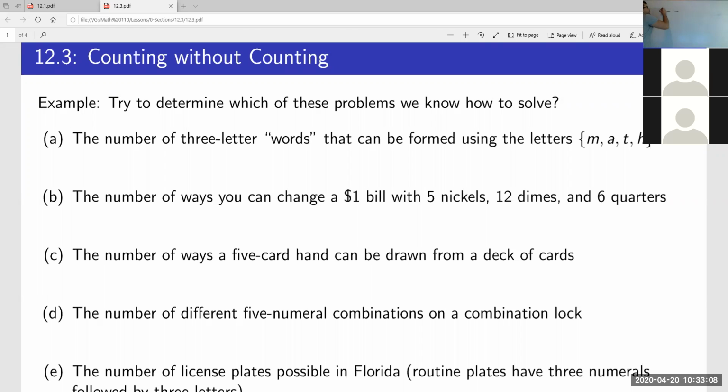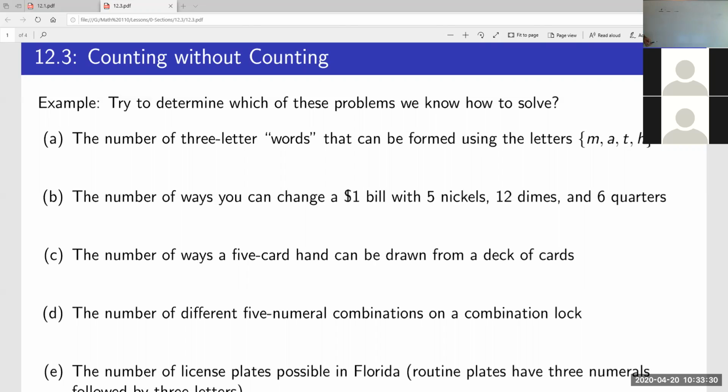Yeah, because M, A, T, or H. What about for the second one? 3. So if we're not allowed to use any repeats, then it would be 3. But we didn't say that.